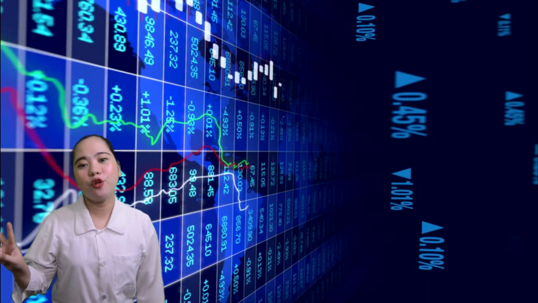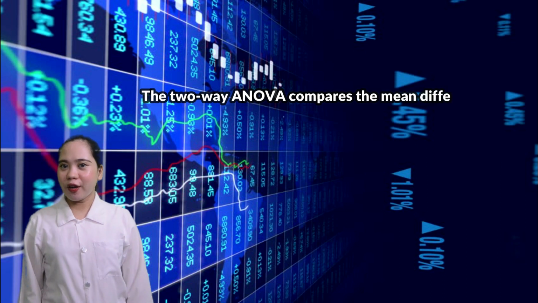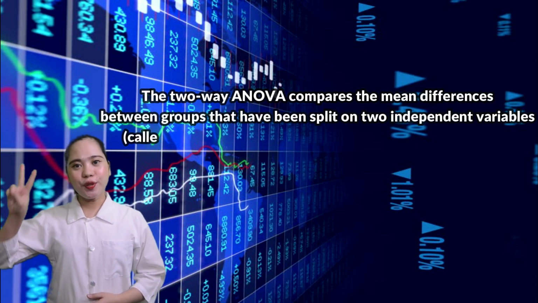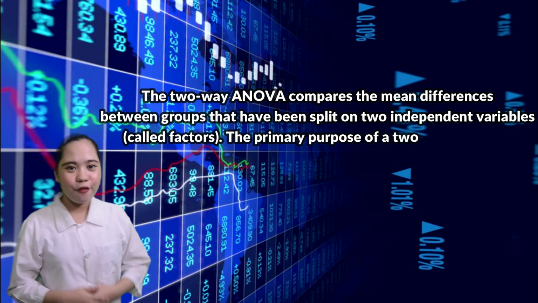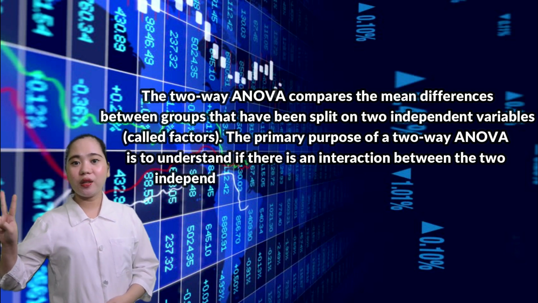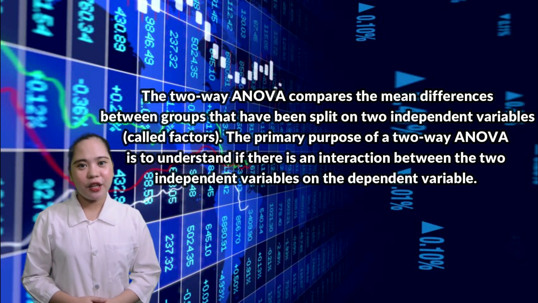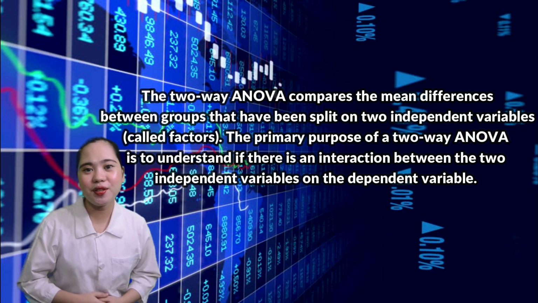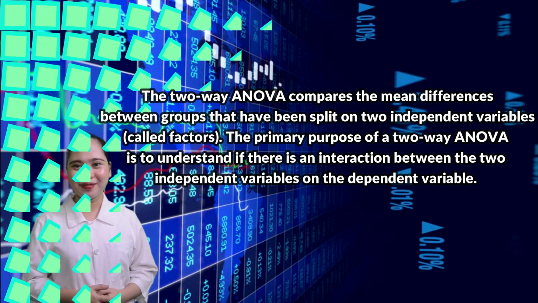The two-way ANOVA compares the mean differences between groups that have been split on two independent variables called factors. The primary purpose of two-way ANOVA is to understand if there is an interaction between the two independent variables on the dependent variable.